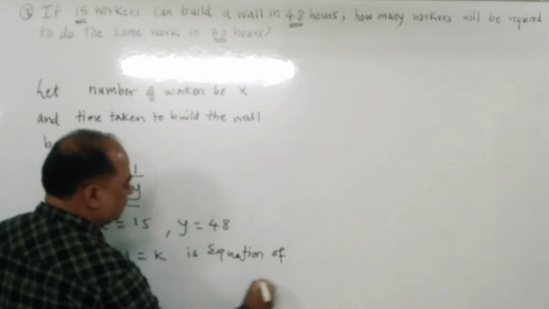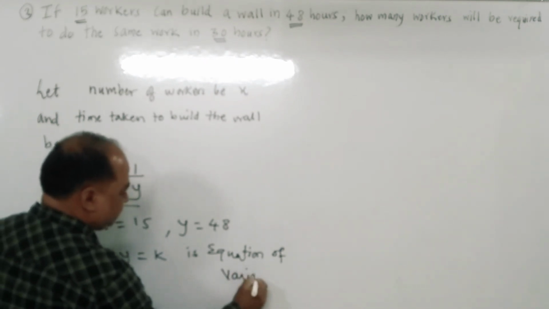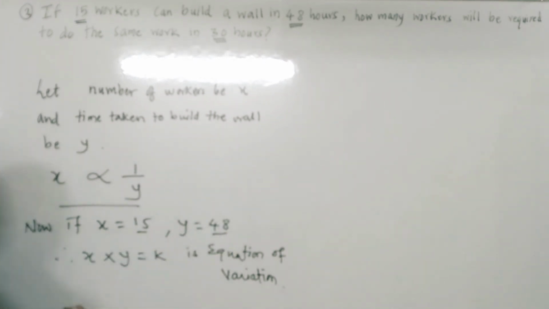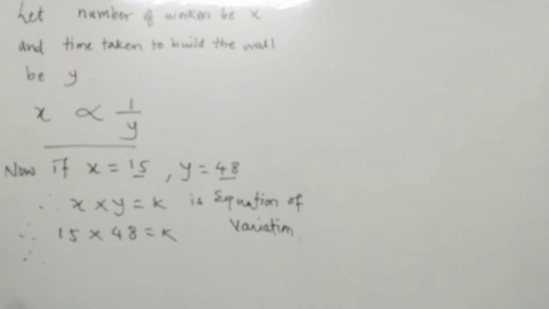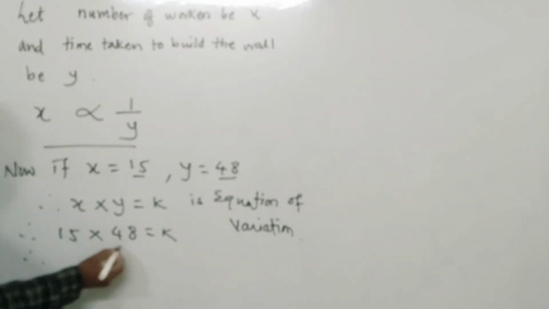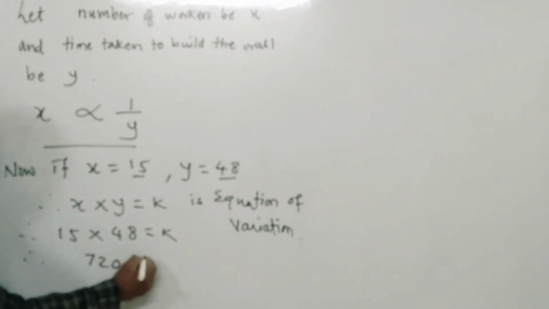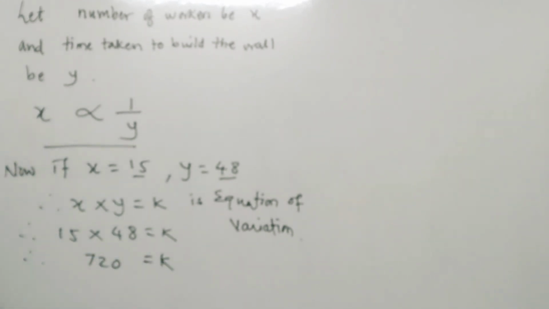Put x equal to 15 and y equal to 48. Therefore 15 multiplied by 48 is equal to k. 15 into 48 is 720, so k is equal to 720, the constant of variation.